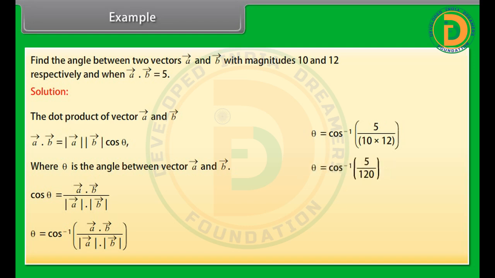Theta equals cos inverse 5 by 120. Theta equals cos inverse 1 by 24. Theta equals cos inverse 0.04167. Theta is equal to 87.61 degrees.